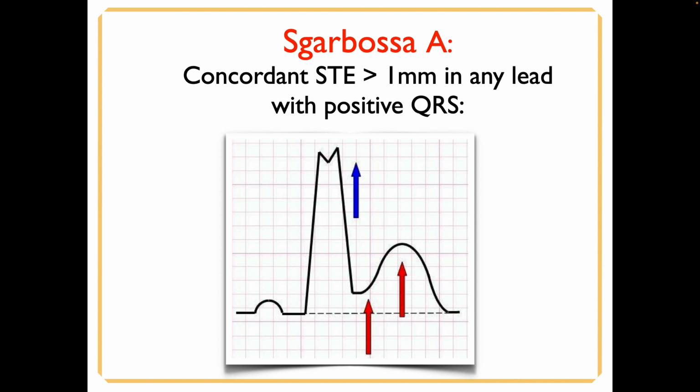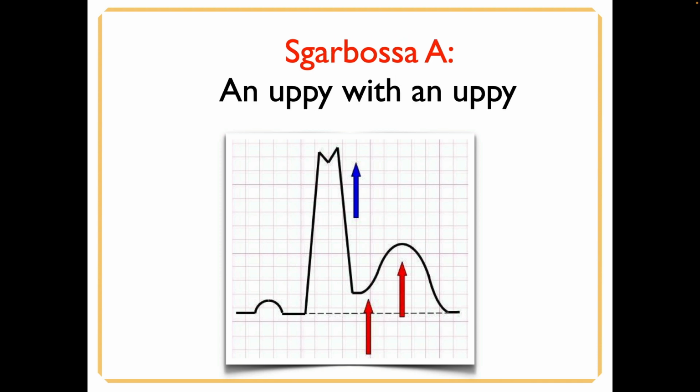And it's not necessarily localized. If you were to see concordant ST elevation in lead 3, uppie with uppie, it doesn't necessarily mean it's inferior. Maybe inferior, but not necessarily. It only takes one Sgarbossa A: uppie with uppie.